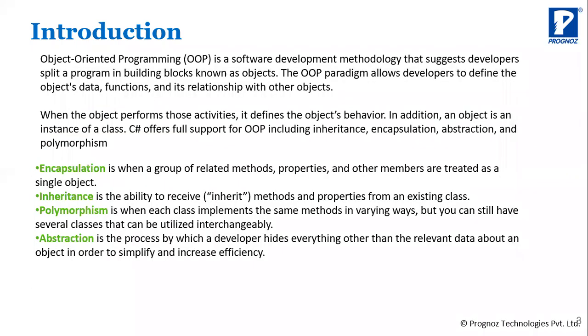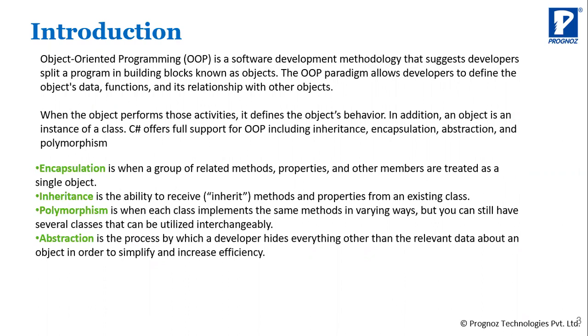That is generally called polymorphism. Polymorphism is when each class implements the same method in varying ways. The Circle class has its own area functionality, the Rectangle class has its own area functionality, and the Triangle class has its own area functionality, but we can still have several classes that can be utilized interchangeably.